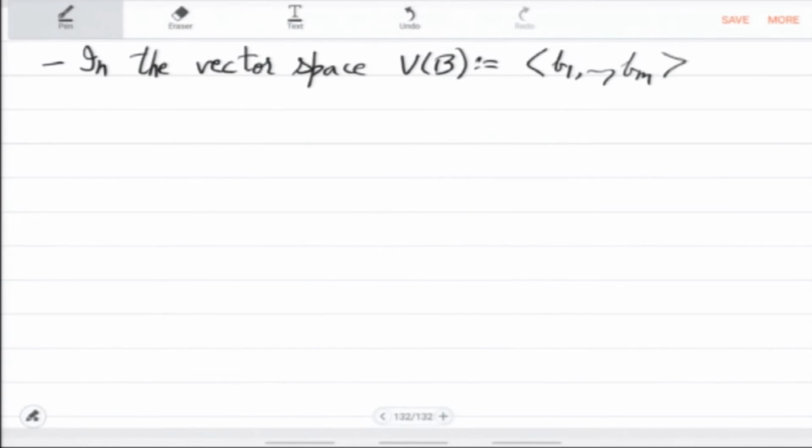So in the vector space generated by this B, so B1 to Bm, using coefficients from reals, there is an orthogonal basis.